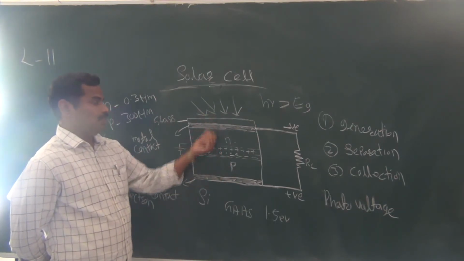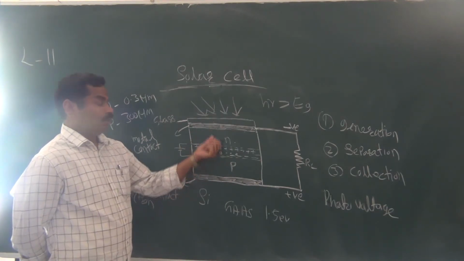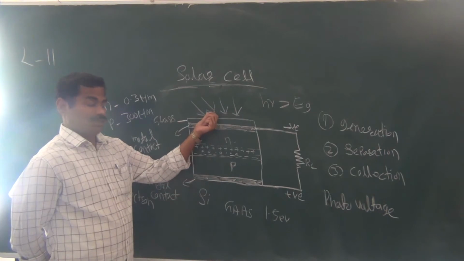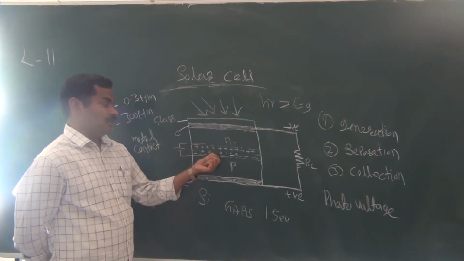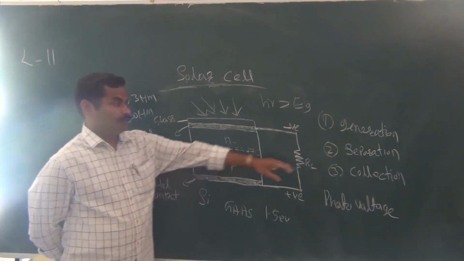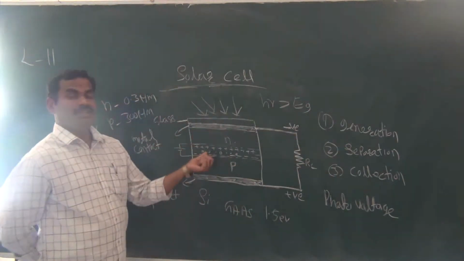It means the incident light will move towards the junction or depletion layer, and because of the high intensity of light rays, what happens in the depletion layer? They will break the covalent bonds and generate electron hole pairs. Generation of electron hole pairs is because of the incident light.